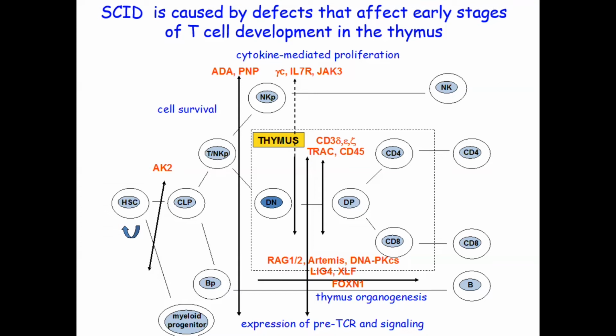So all of the SCID defects, typical and or atypical, affect early stages in T cell development. And this is a typical hallmark of this group of disorders.